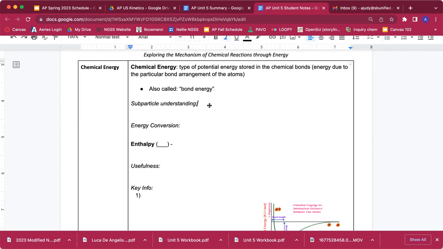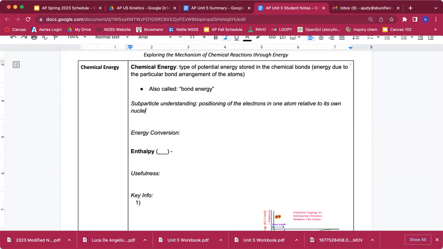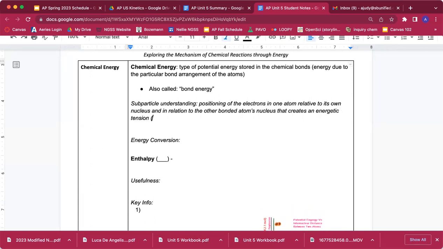To make it even more refined, it's in particular the positioning of the electrons in one atom relative to its own nucleus, and in relation to the other bonded atom's nucleus, that creates an energetic tension, i.e. the potential energy.